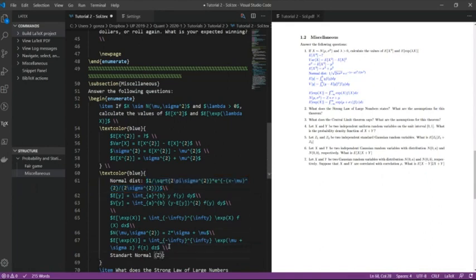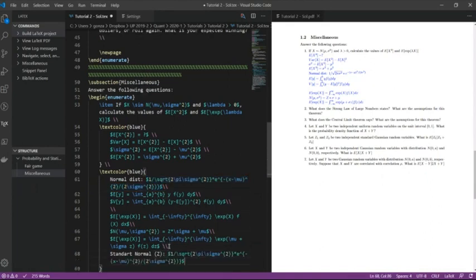Now, on a standard normal distribution, your mean, so your mu, is 0, right? So we don't have to take away anything here. And everything that was x is now just z. Sigma is 1. Again, over here, sigma is 1.